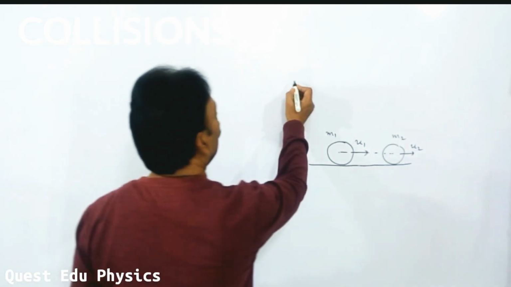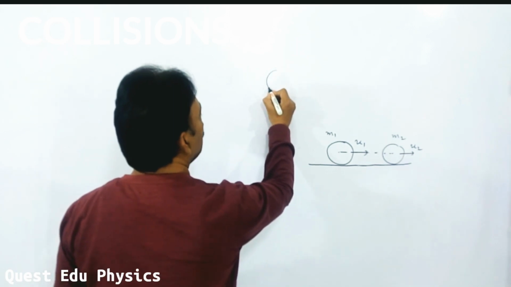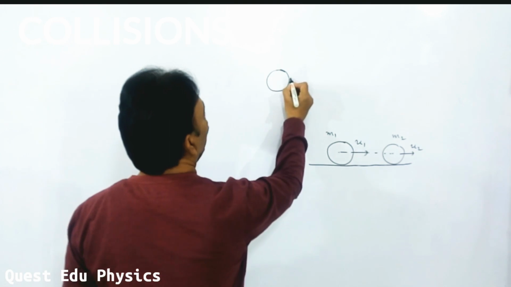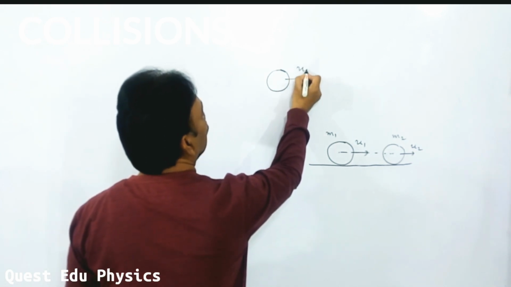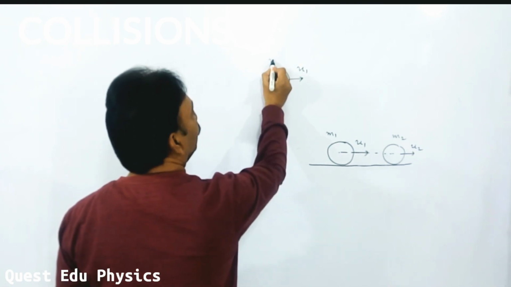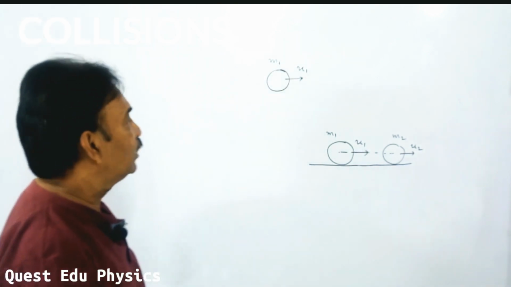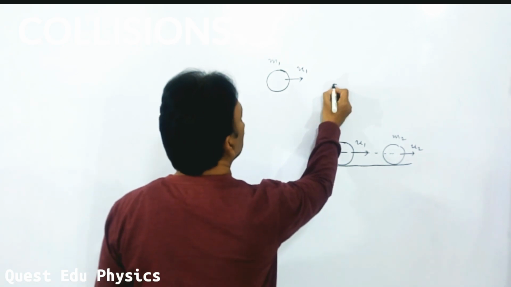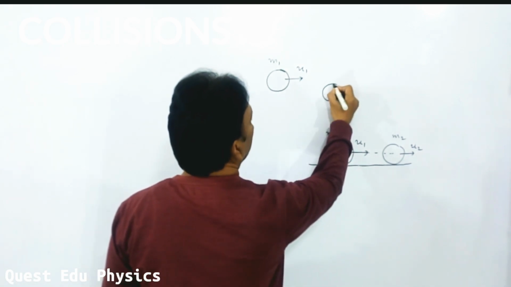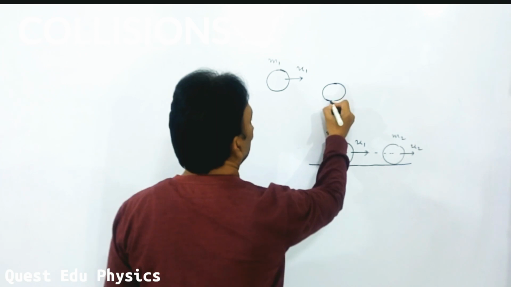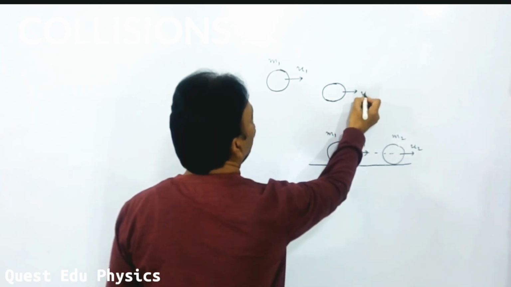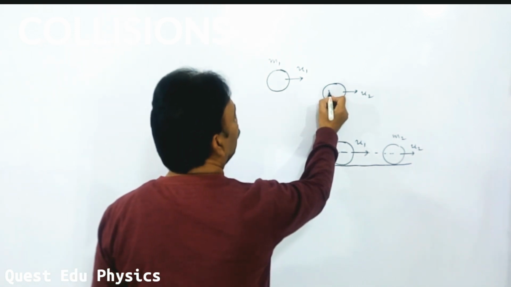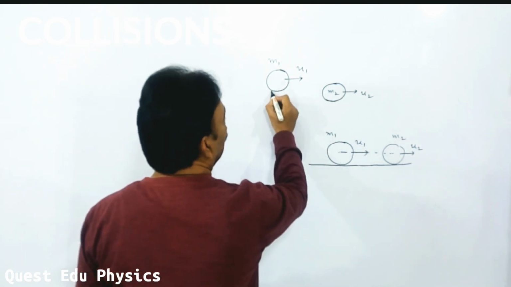Now watch. Here a body is moving with a velocity u1 and has a mass m1. And this is the second body, moving with a velocity u2 and having a mass m2.